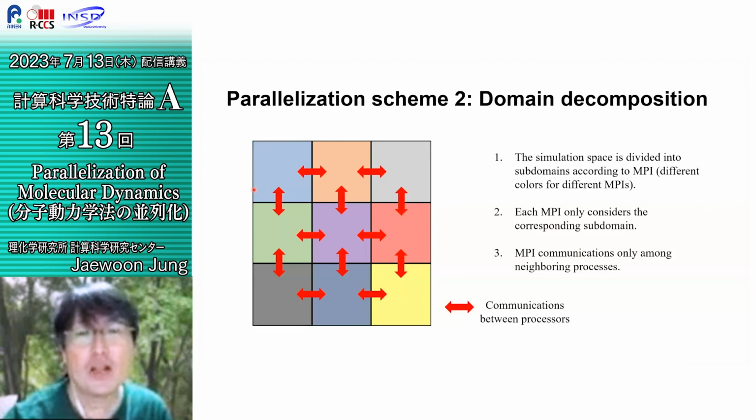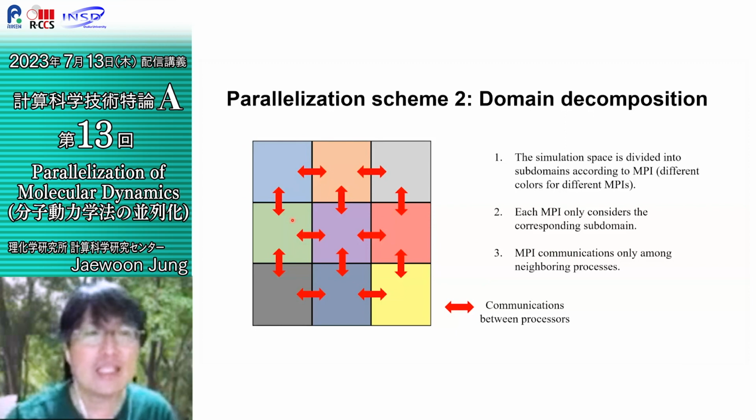So we consider communication only among neighboring processors. This processor only considers the communication between this one and this one, this one, this one, and this one only. And even for the communication, they don't need to communicate all of the data. They can communicate only the data around this boundary region.